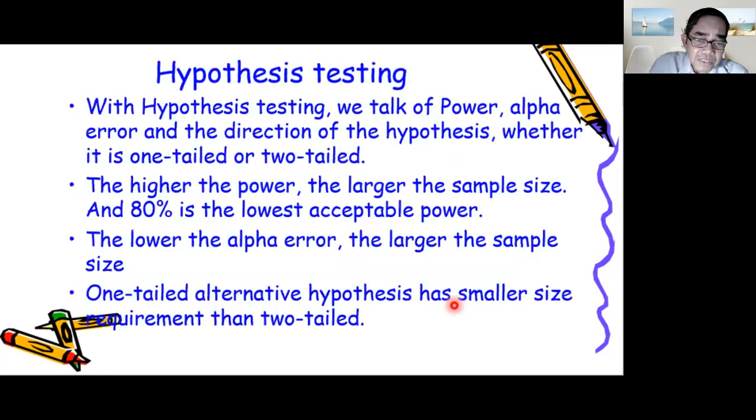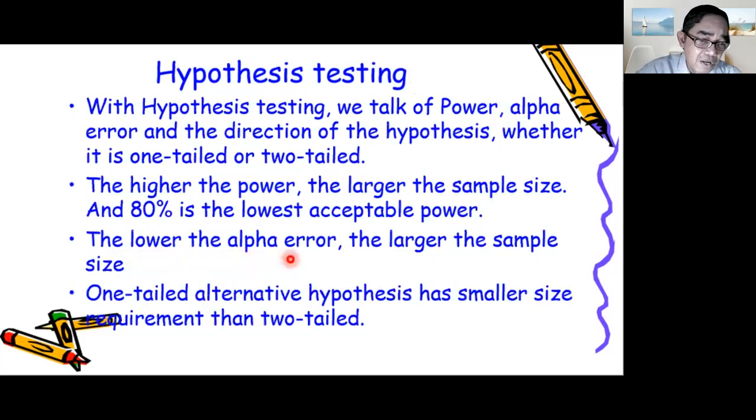Now, with hypothesis testing, we talk of power, alpha error, and direction of the hypothesis, whether it is one-tailed or two-tailed. So it is only in hypothesis testing that we talk of power and alpha error. The higher the power, the larger the sample size. And 80% again is the lowest acceptable power. We can't go lower than 80. And the lower the alpha error, the larger the sample size.